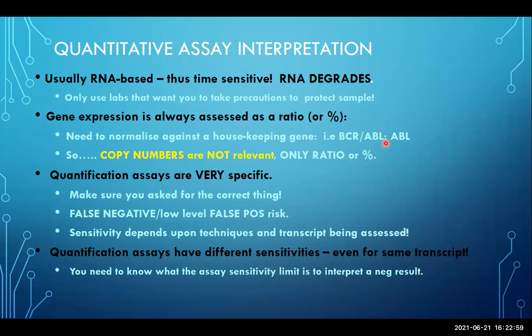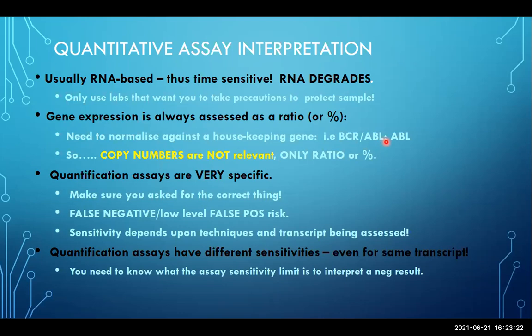Really huge, and I think this is the biggest take-home message, if it's anything from my talk, it's this one: gene expression in a quantitative assay is always assessed as a ratio or a percentage. Copy numbers on their own are not relevant. It's only the ratio or percentage.